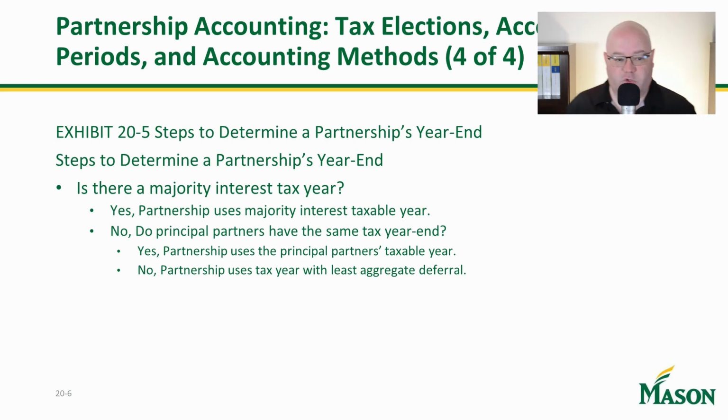So if I have 33% for one, 33% for another, 33% for another, and all of mine use the same tax year, say they're all calendar year, we use the calendar year. Say all of them use 4/30 as their end of the year, we use 4/30, because all the partners are using the same tax year.